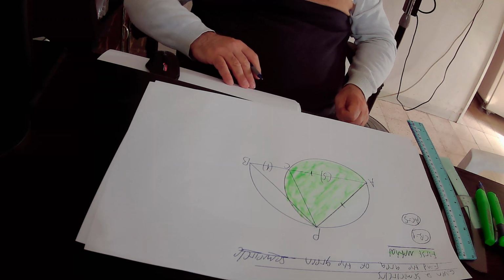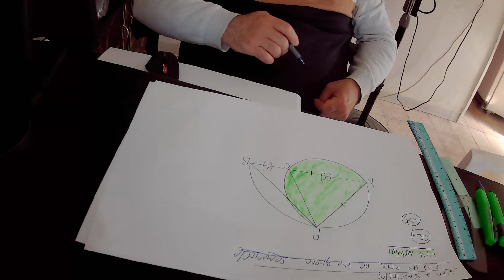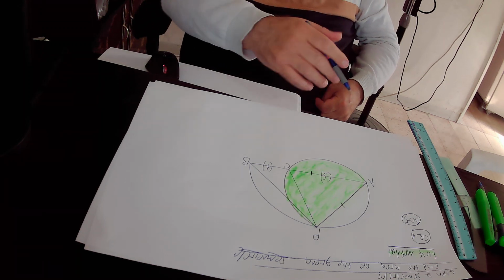Next step, I'll copy this green semicircle in a new page, and again we'll implement rule 7 on this green semicircle.